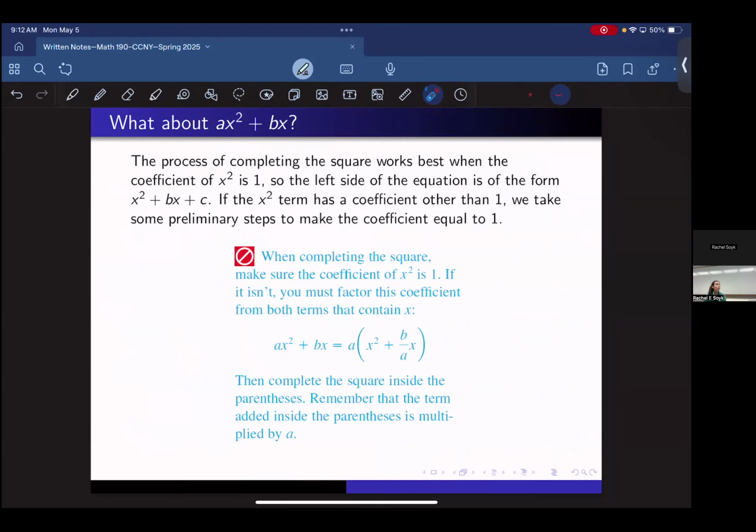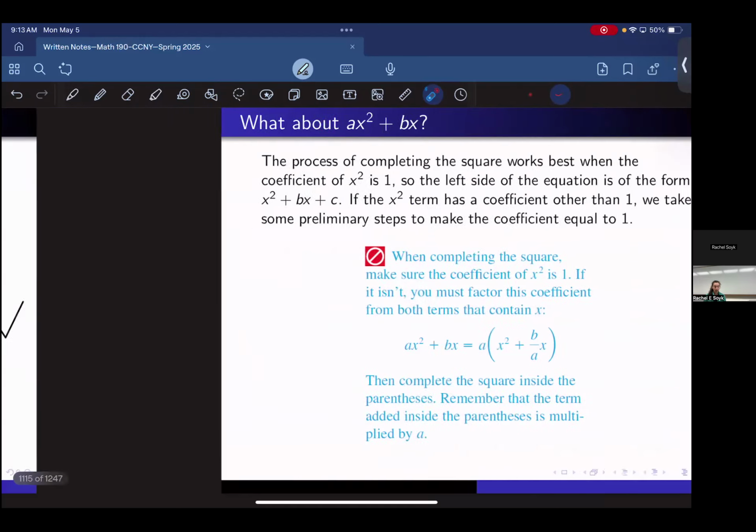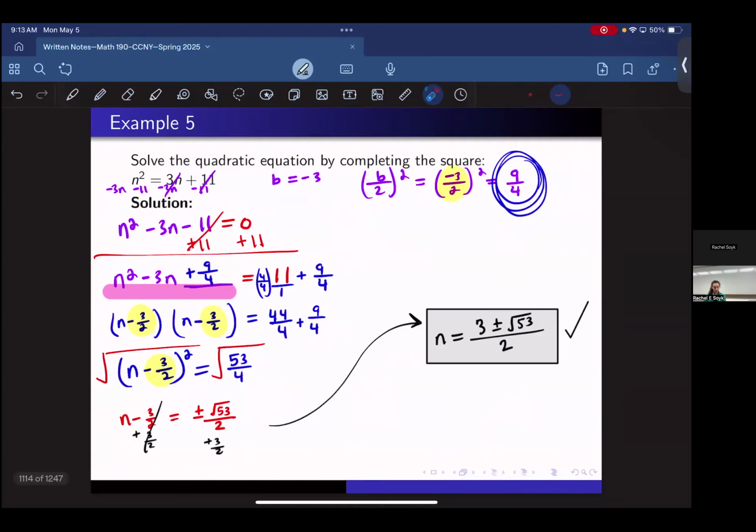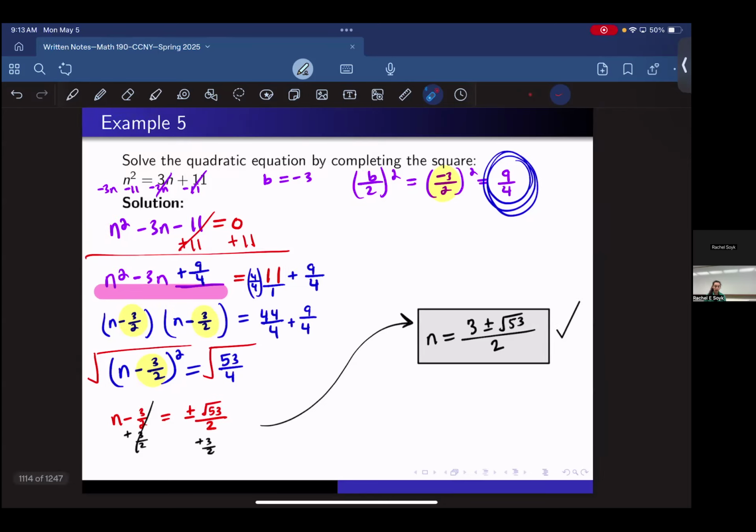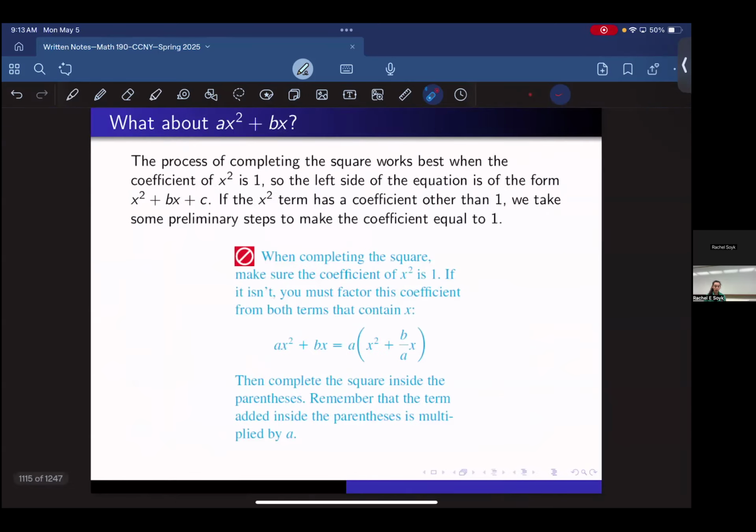Once you bring that c value over to the right-hand side, you also want to divide everything by whatever that coefficient is. If it's 4, if it's 10, if it's -2. Once you do that division, you're back to that coefficient being 1, and then you just proceed just like we have been with these previous examples.